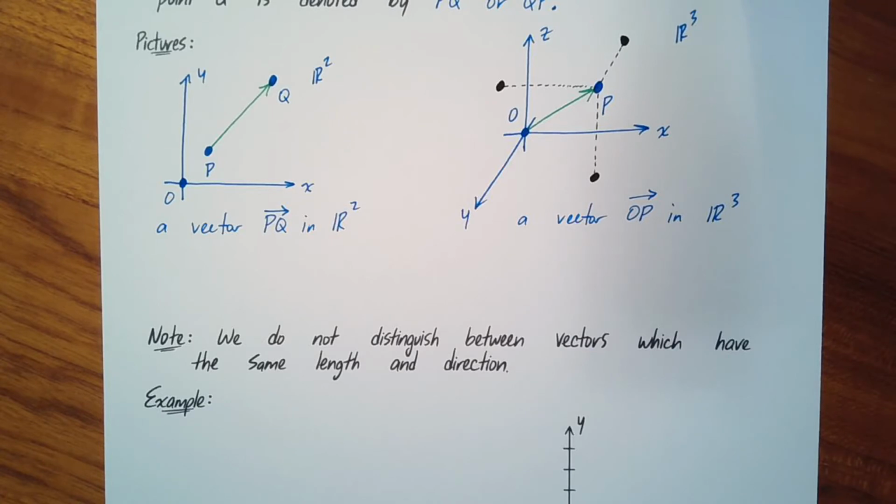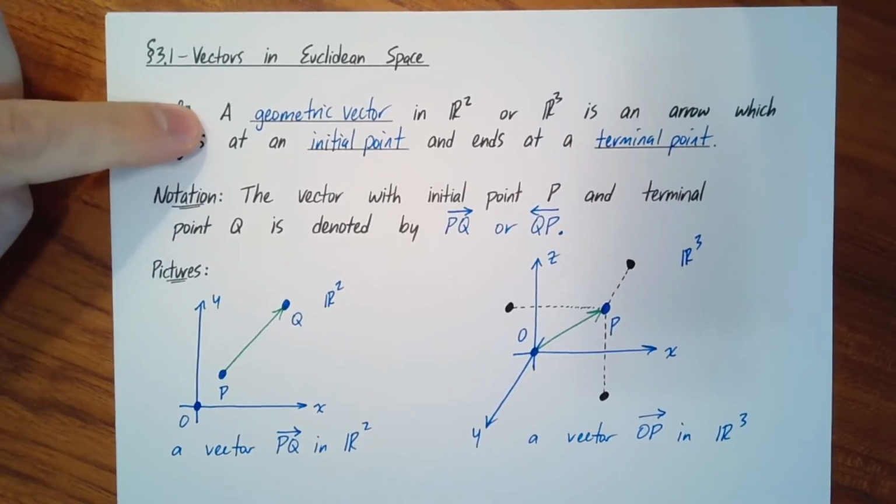When you first talked about the difference between vectors and scalars, you probably would have introduced vectors as objects that have not only a magnitude, but also a direction. And in fact, vectors are entirely characterized by their magnitude and direction. So how is that going to play into geometric vectors in R2 and R3?